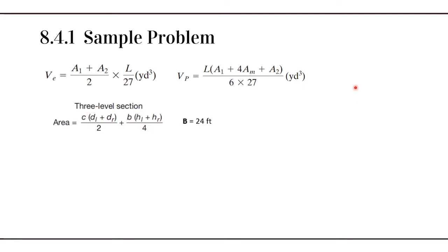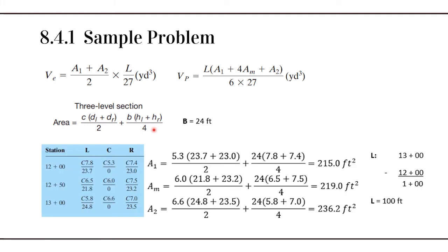So to compute for the area of each section, we have here the formula of a 3-level section. This is area equals the center times distance left plus distance right all over 2, plus the base, that's given 24 feet, times height left plus height right all over 4.